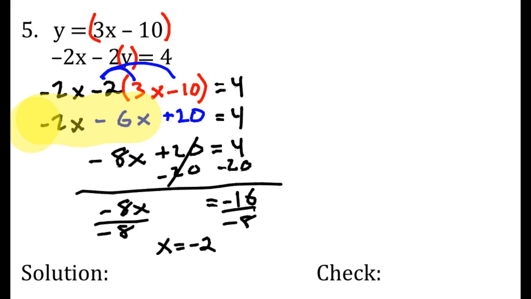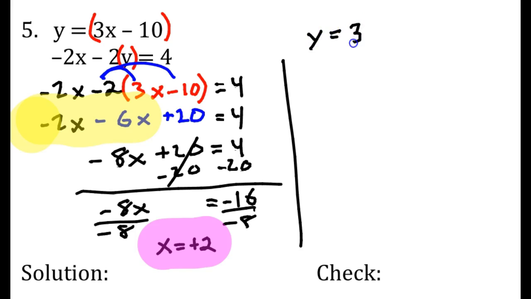Take that answer and plug it back into either equation. Some people have asked, does it matter which one? And the answer is no, because this is the only place where the answers are the same for both. So we can plug into either one.